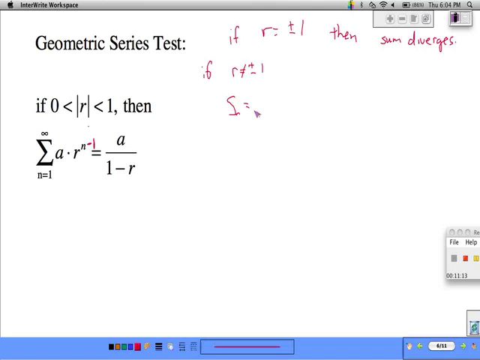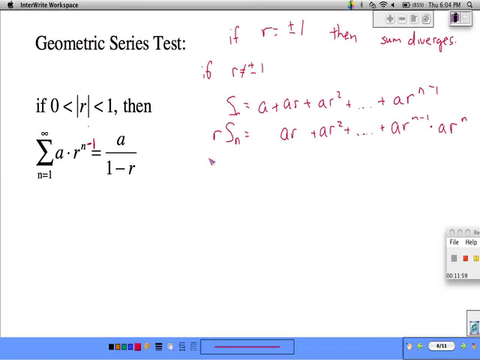then the nth partial sum is equal to a plus a times r plus a times r squared plus so on and so on plus a times r to the n minus 1. And the common ratio times that nth partial sum gives me a times r plus ar squared plus so on and so on plus a times r to the n minus 1 plus a times r to the n.